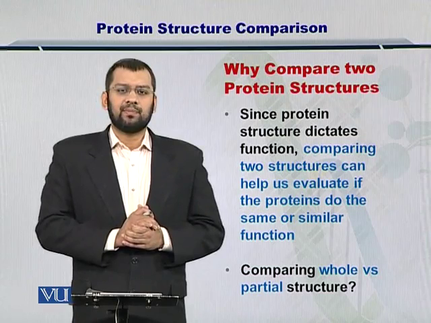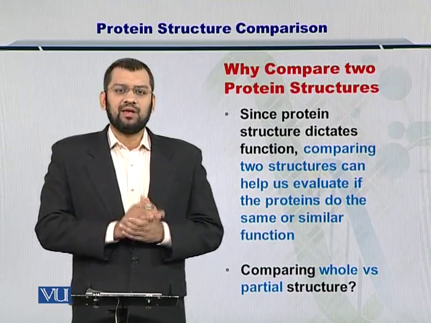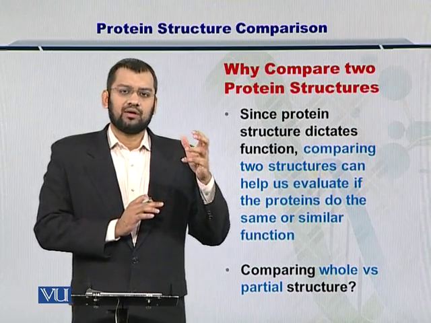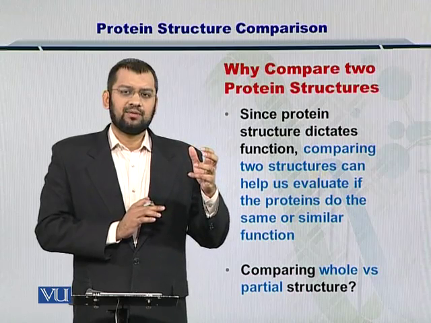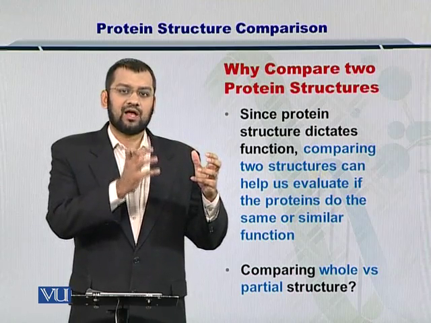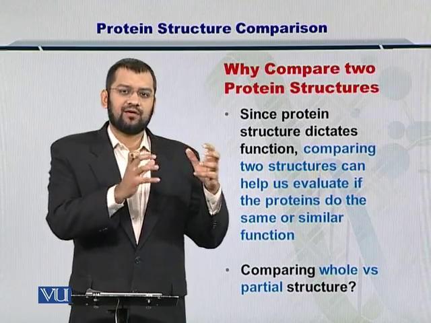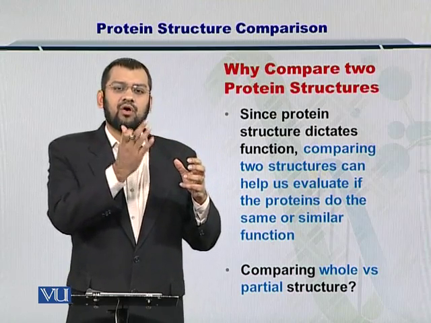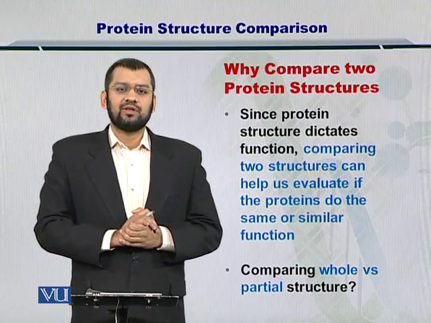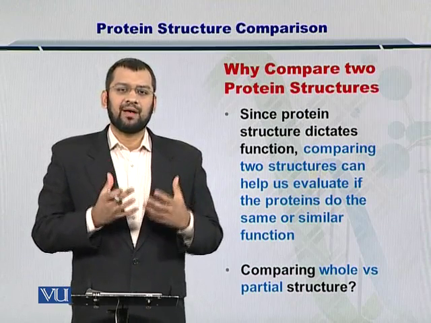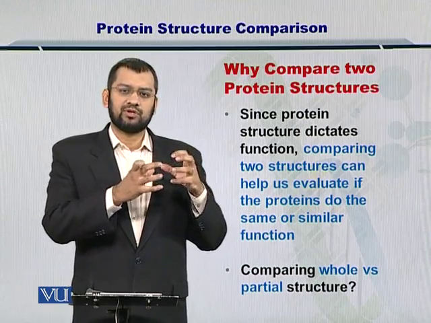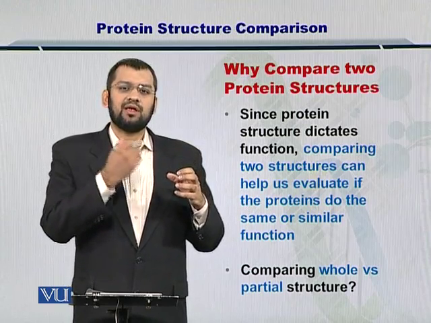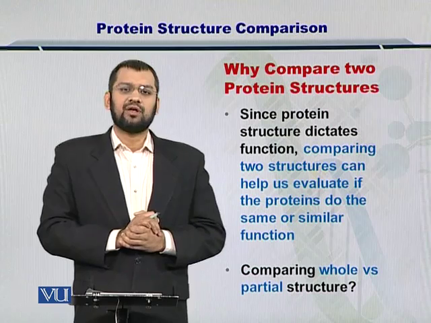Therefore, to compare two proteins would mean that if you know the function of a protein and you have a protein with an unknown function, and if they have the same structure, then you can also predict the function of the unknown protein. So in this way, if you are given a capacity to compare two protein structures, then you can calculate the function of the unknown protein.